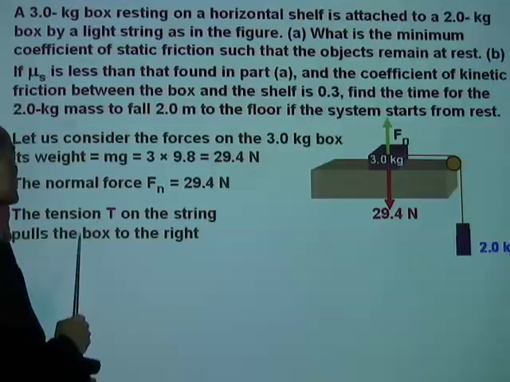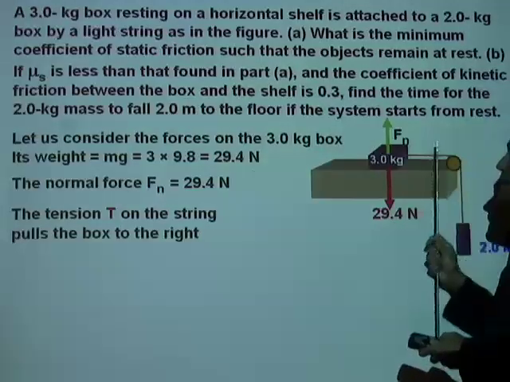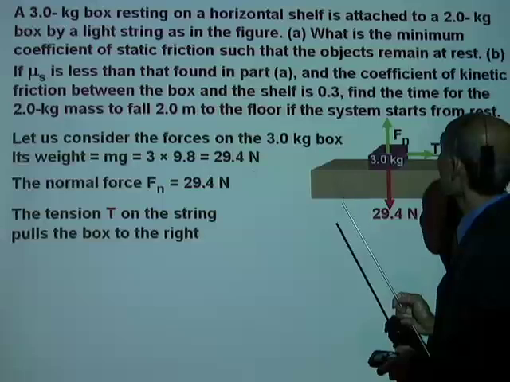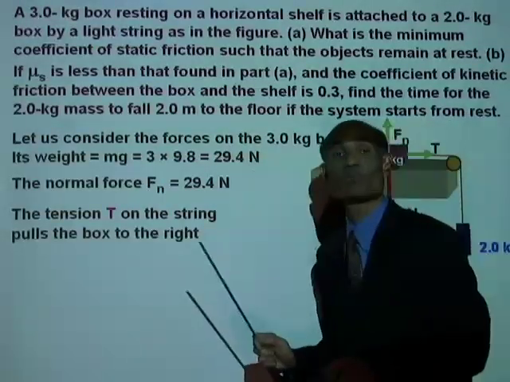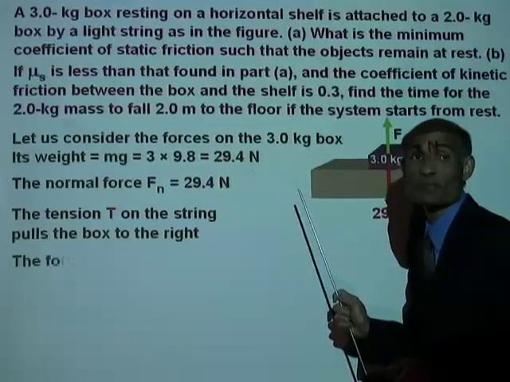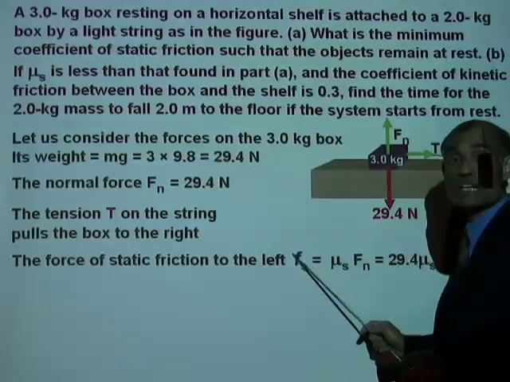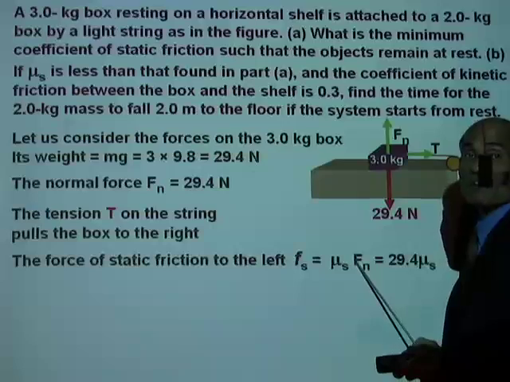The tension T on the string will be pulling the box to the right. So here is the tension T that is pulling the box to the right. And what other force is there on the box? The other force is the force of friction. The force of static friction to the left, such that Fs equal to mu s Fn.